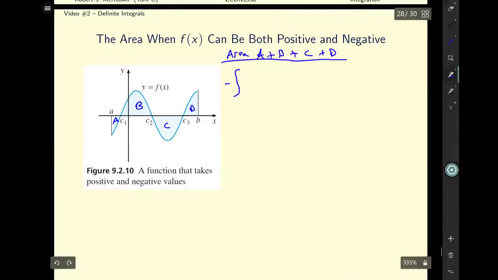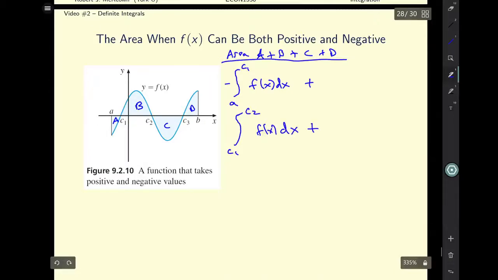So a is going to be negative the integral from c1 to a of f of x dx, plus the area b. So the area b, that's above in positive space, so I don't need to add a negative sign. I can just go from c2 to c1 of f of x dx.